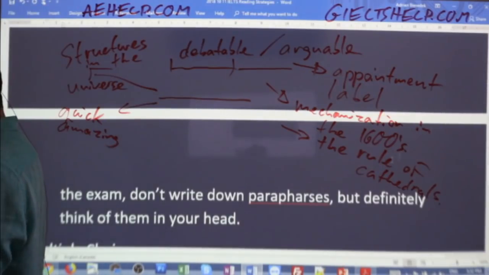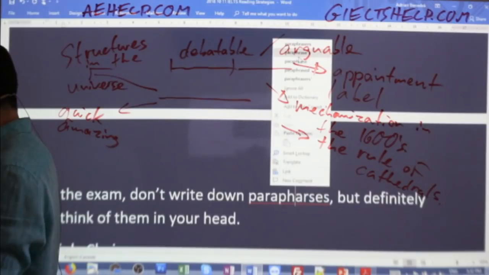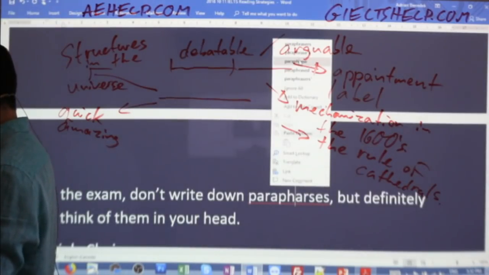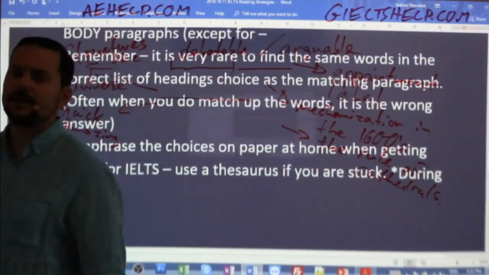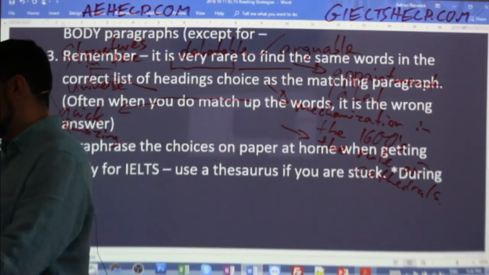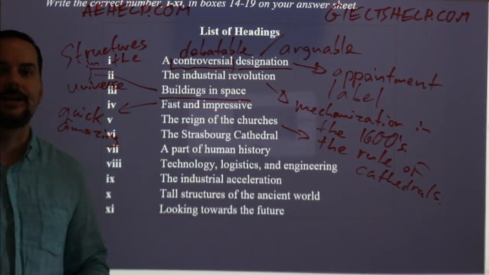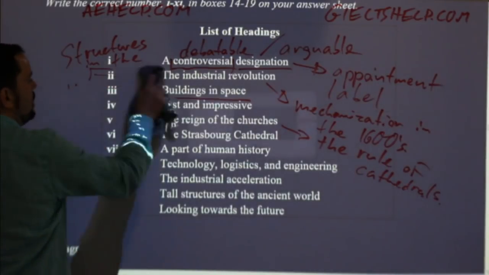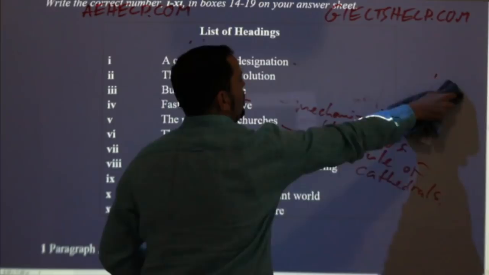It's a very good idea. It will help you find the right answer. All right? Now, some of you are probably thinking, Adrian, this is taking way too long. But it isn't, okay? When you do this at home and you practice this regularly, you get very quick at it, all right? You'll be very, very quick, and you'll be able to do this quickly. So again, go through all of them and paraphrase.